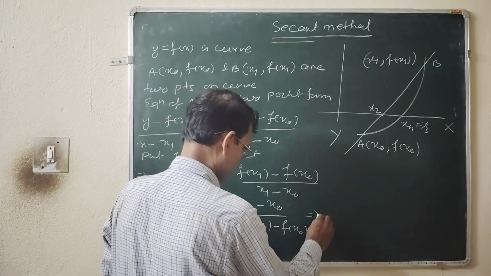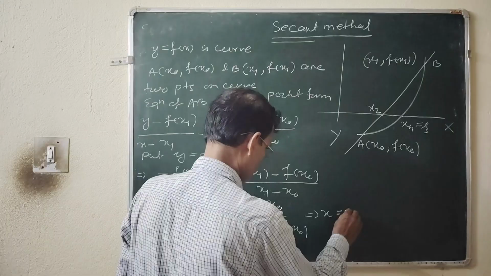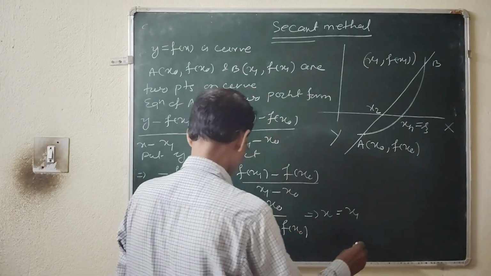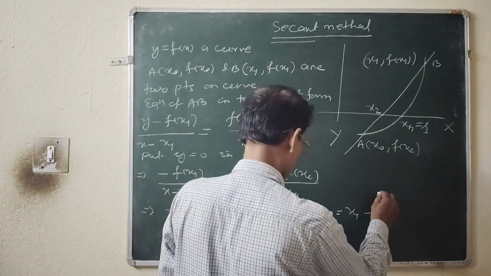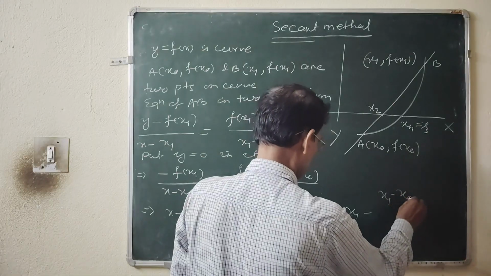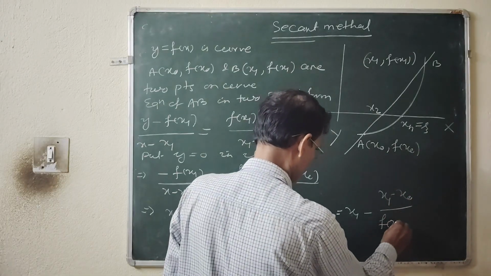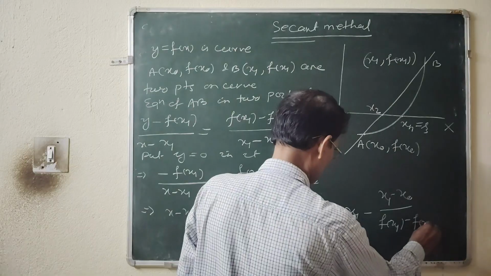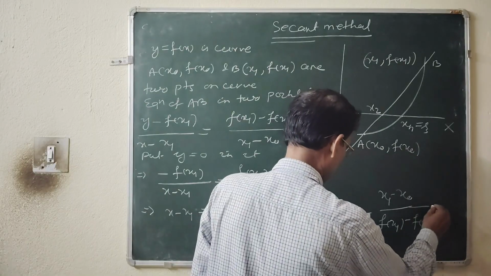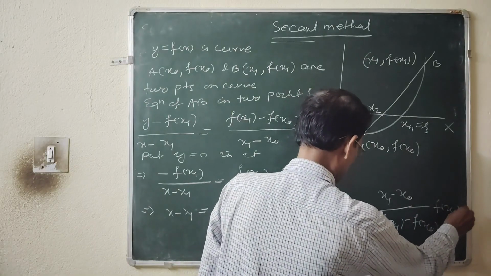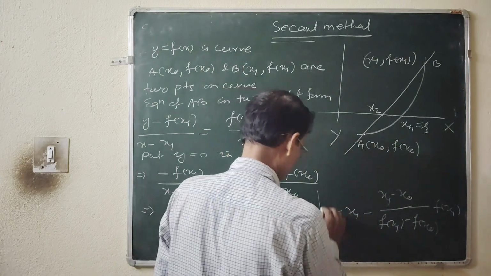That implies x is equal to x1 minus (x1 minus x0) by (f(x1) minus f(x0)) into f(x1).